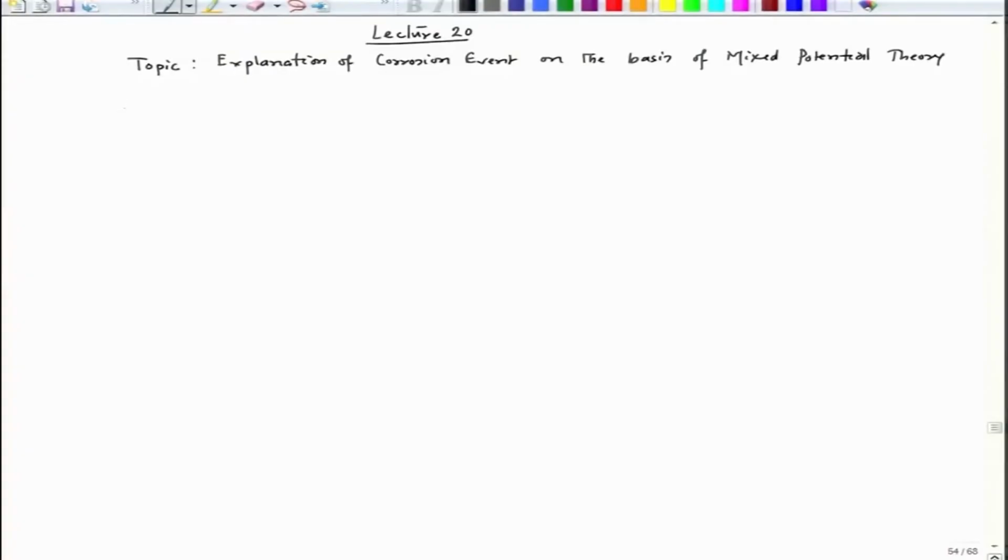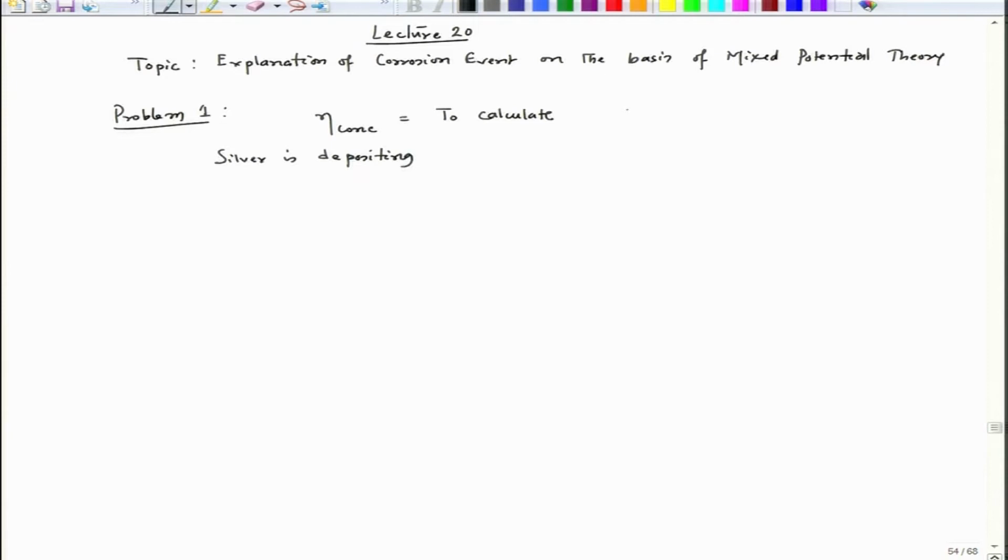So, let us take up problem 1. The statement is like this: we have to calculate the concentration polarization in the situation where silver is depositing.